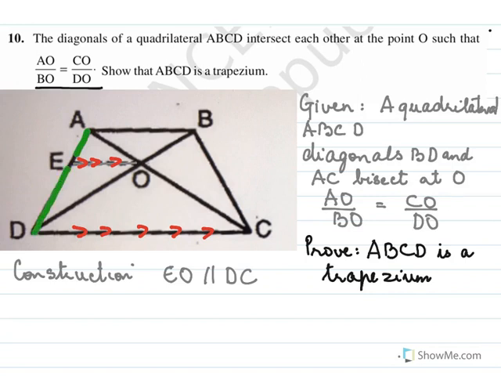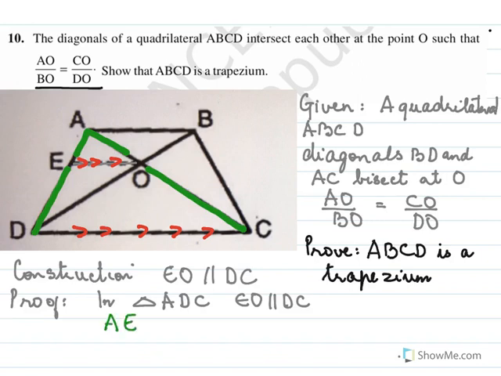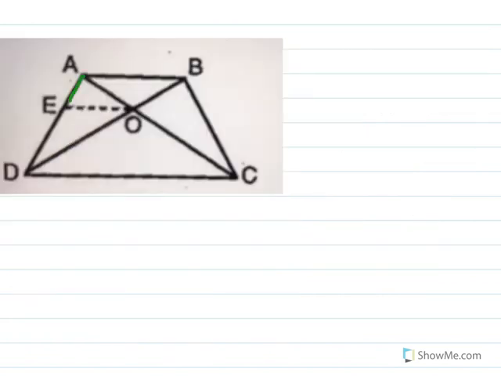So I can say that AE over ED equal to AO over OC. In triangle ADC, we had EO parallel to DC by construction. So now I will write AE over DE equal to AO over CO by BPT, equation 1.